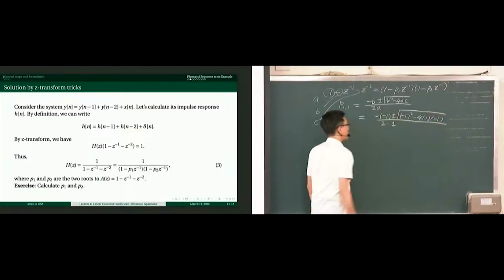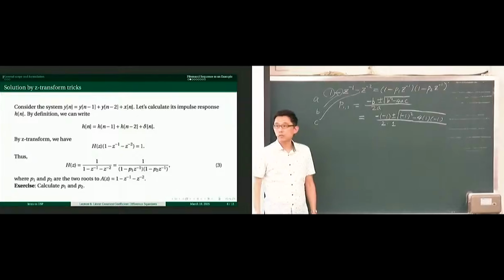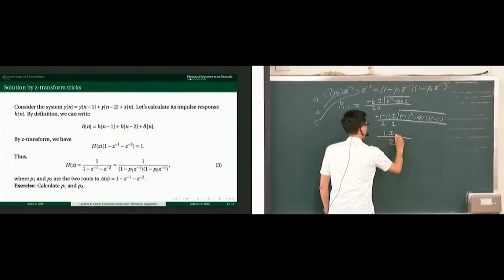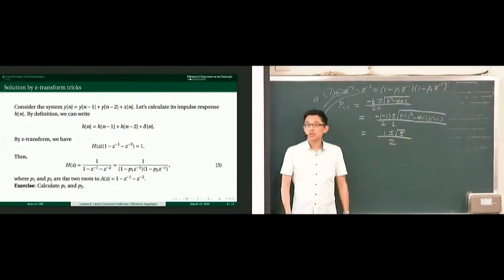This is nothing but applying this good old formula. High school math. So now we have the famous factor of 1 plus or minus square root of 5 divided by 2. The golden ratio.